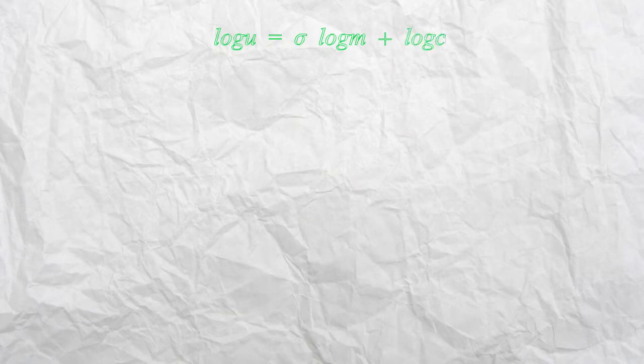Now, taking the anti-logarithm on both sides, we get U is equal to C times M power sigma.